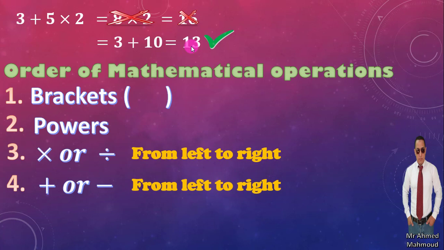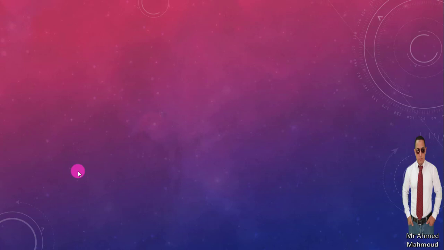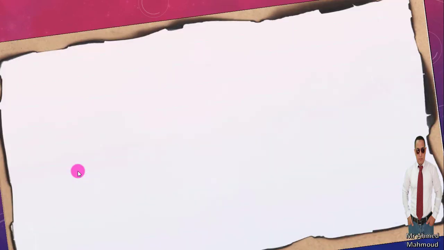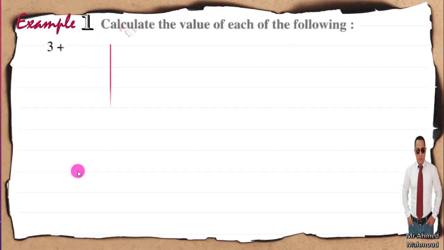Now the steps: brackets, powers, times or divide, plus or minus. We are going to study these steps well. So let's start solving the next problem. Now here we have 3 plus 12 divided by 6.